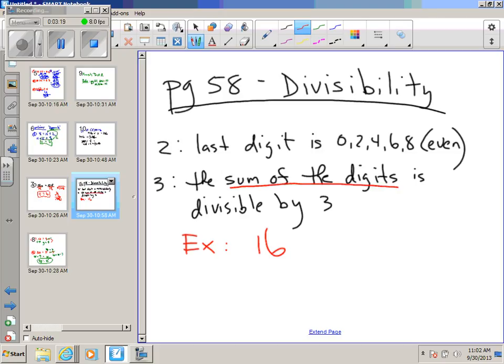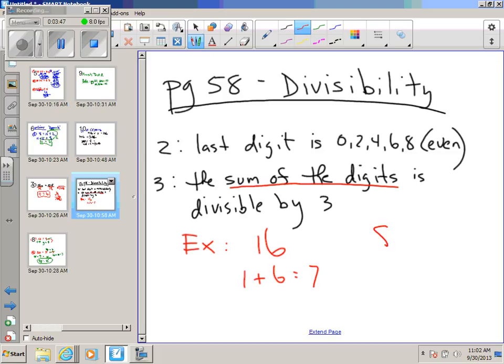What are my digits in 16? 1 and 6. Add them together, we get 7. Now, is 7 divisible by 3? When you think of your 3s, 3, 6, 9. No. So is 16? No. 16 isn't divisible by 3.